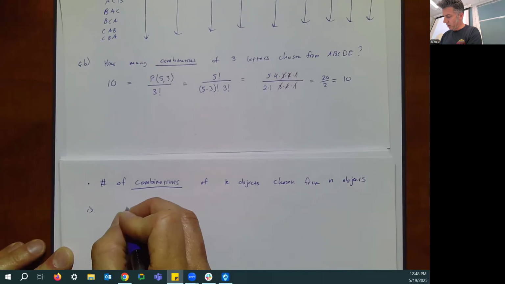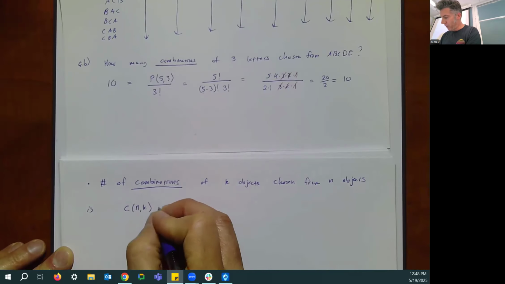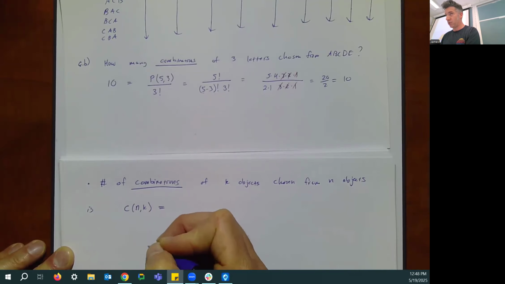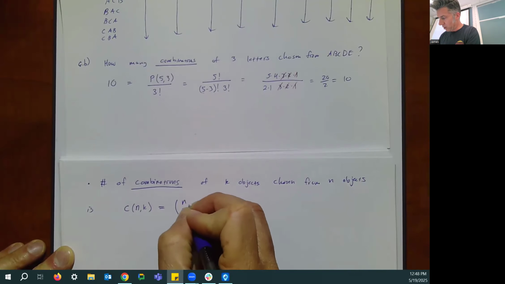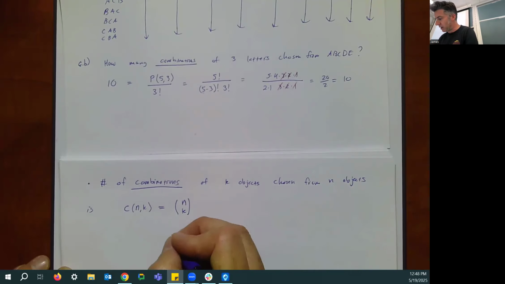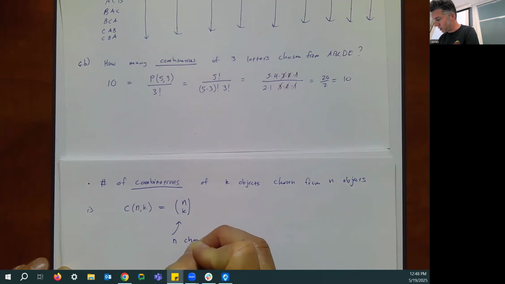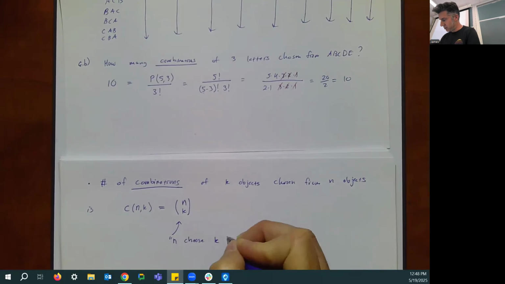there's notation like C of n comma k, but my preferred notation, and any person who teaches math's preferred notation, is probably this notation: a big parentheses with an n over a k, but there's no fraction line. You don't say n divided by k or n over k. The correct way is to say n choose k. That is the way we read this.